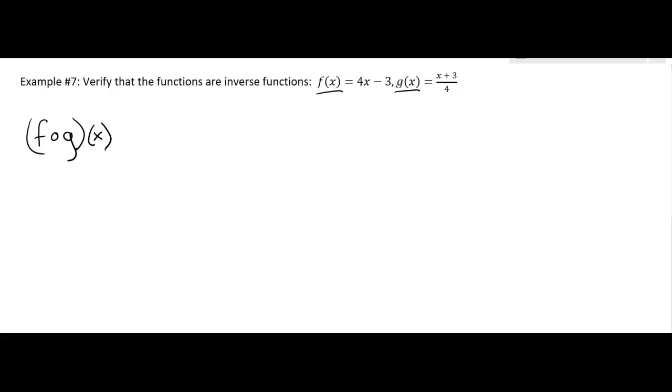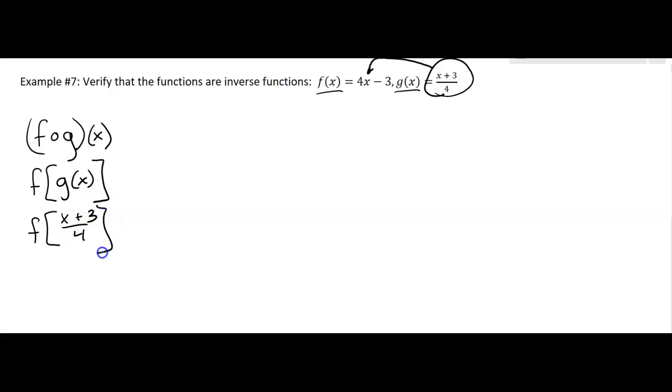So you can write it as f of g of x, like we did a few videos ago. I'm going to take this g function and put it into the f function. You can write that as f of x plus 3 over 4, if this helps.